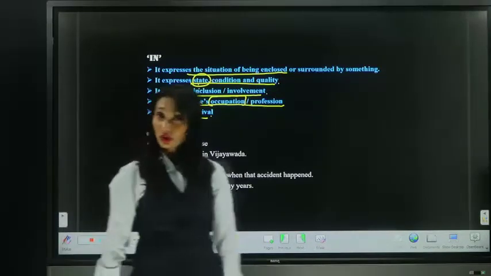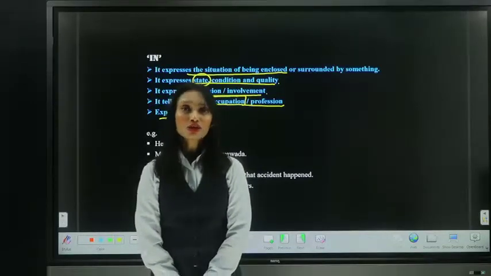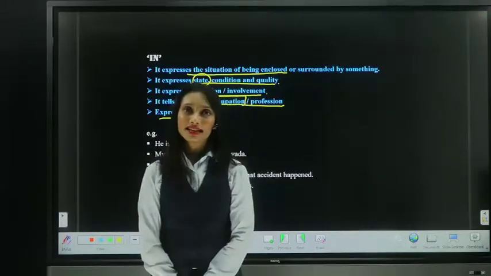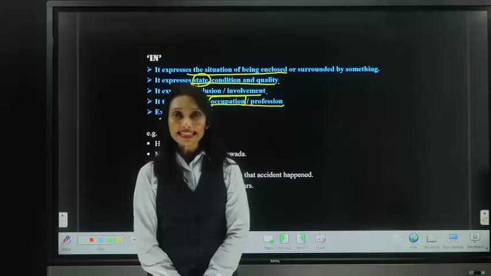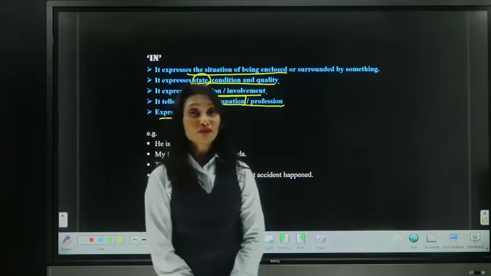See, I know it is not that clear or not that easy to understand the uses of one preposition under different conditions and situations. So to make it easy, to make it fun learning, I'm bringing a different concept.